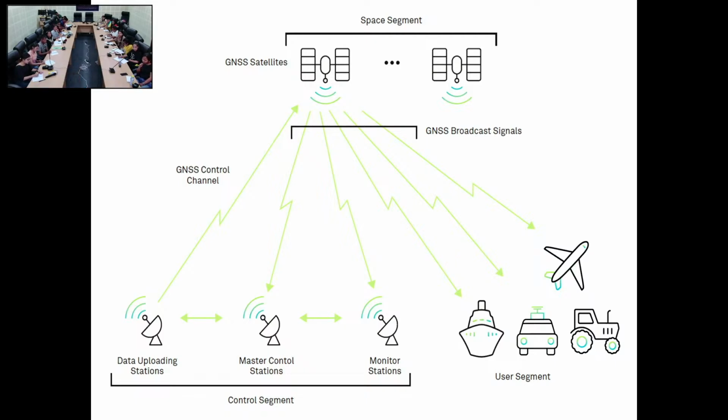Then it will correct the data and send it to monitor stations. And then from monitor stations you will receive the data in whatever system you are having. If you are having a navigation system in your cars, bikes, etc., you can get the location.